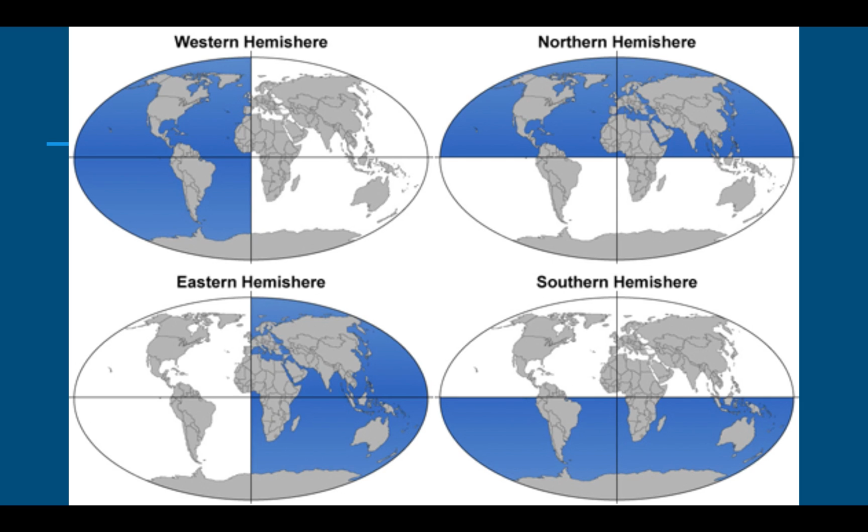So if you are looking at Western and Eastern Hemisphere, you better draw in that prime meridian. And then you need to shade in the correct side. If you're looking at Northern or Southern Hemisphere, you need to draw in that equator and, of course, shade in the correct part, if that's north above or south below. Very, very important that you understand that.